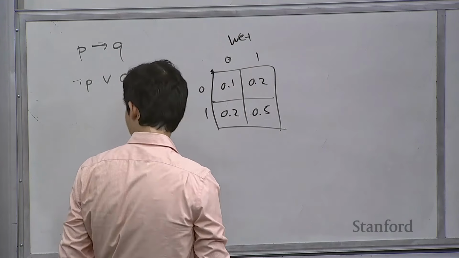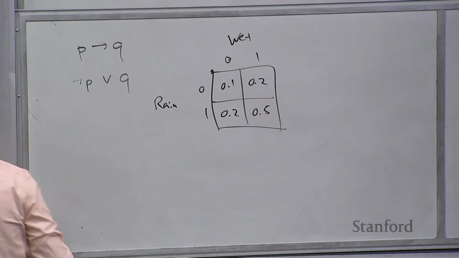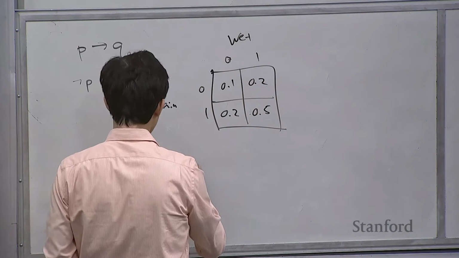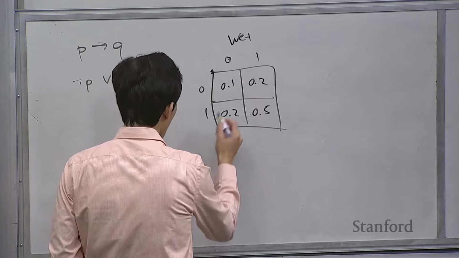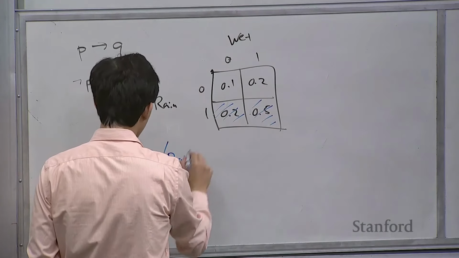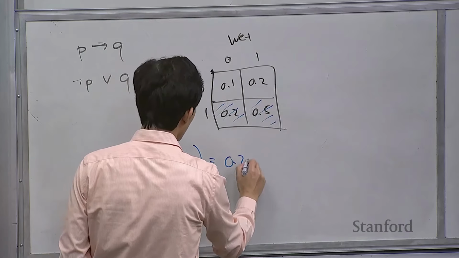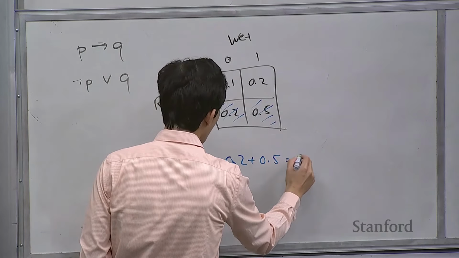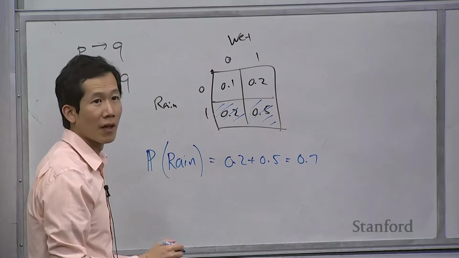And if I have rain, that corresponds to these models. So I can write the probability of rain is 0.2 plus 0.5, so 0.7.